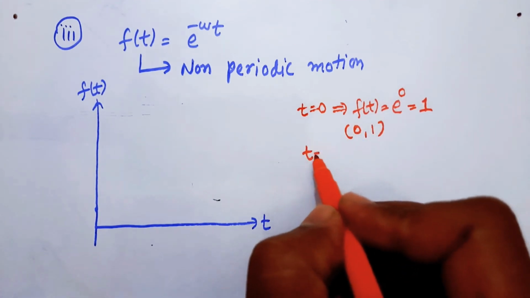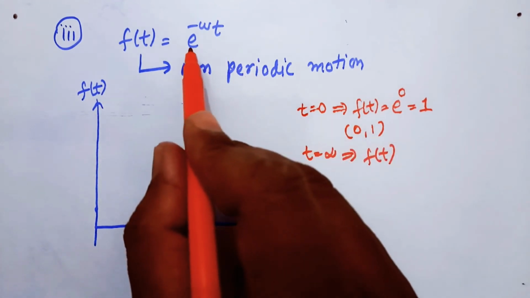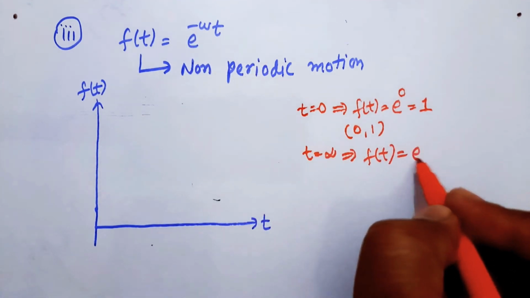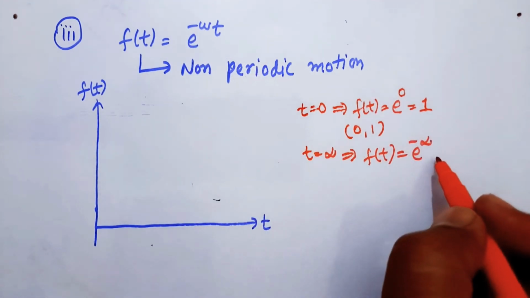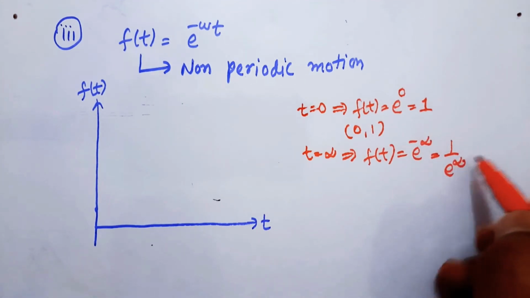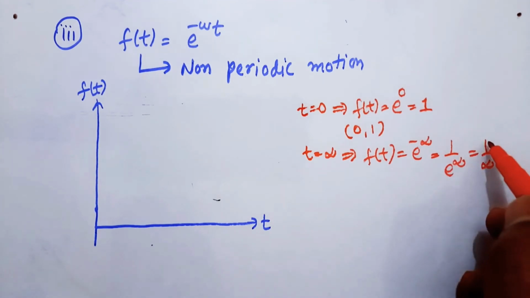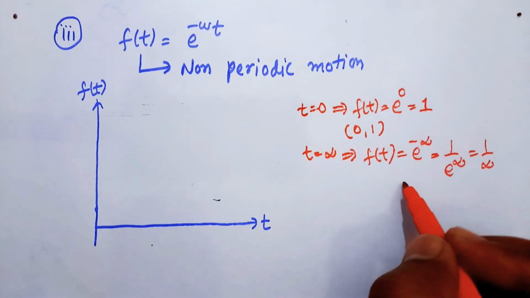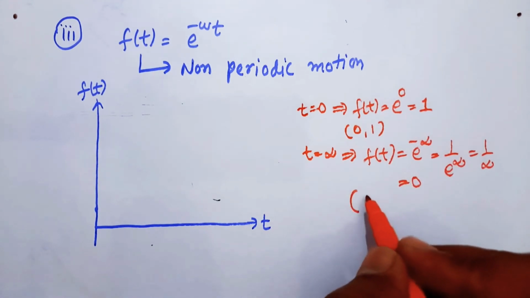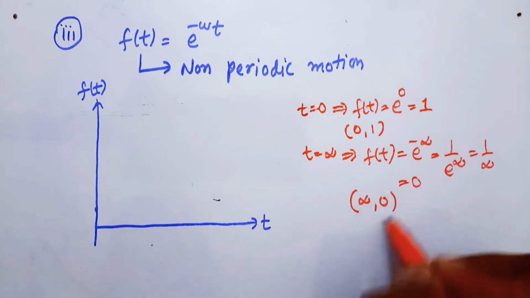If t is equal to infinity, then f of t is equal to e power of minus infinity, which is 1 by e power infinity, which is 1 by infinity. So f of t is equal to 0. If the x coordinate is infinity, the y coordinate is 0.